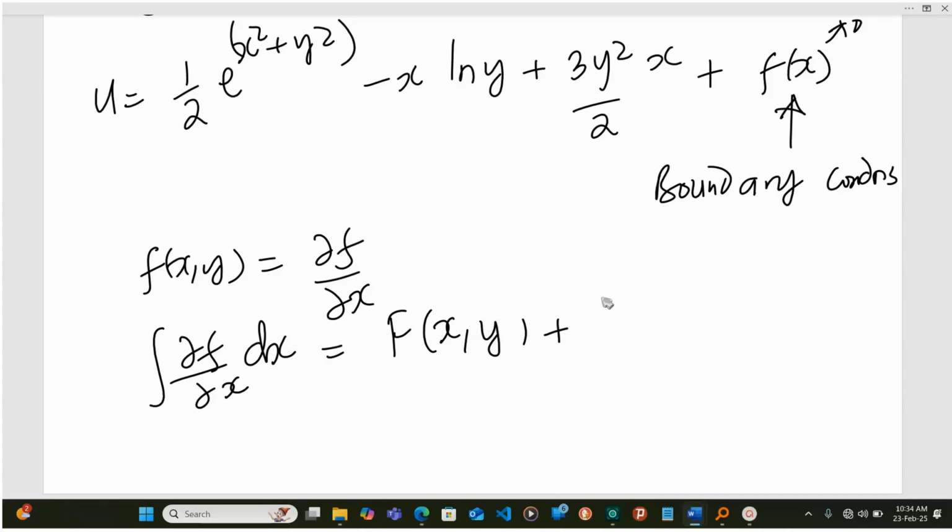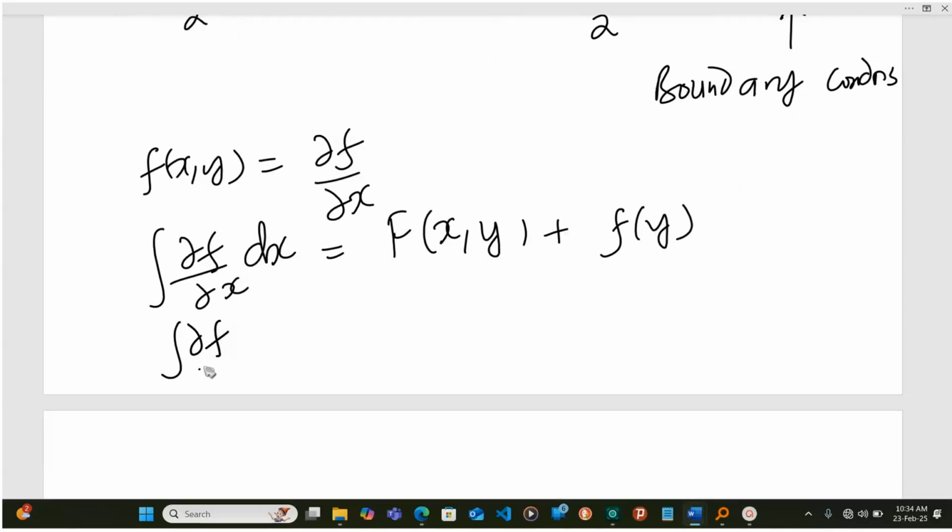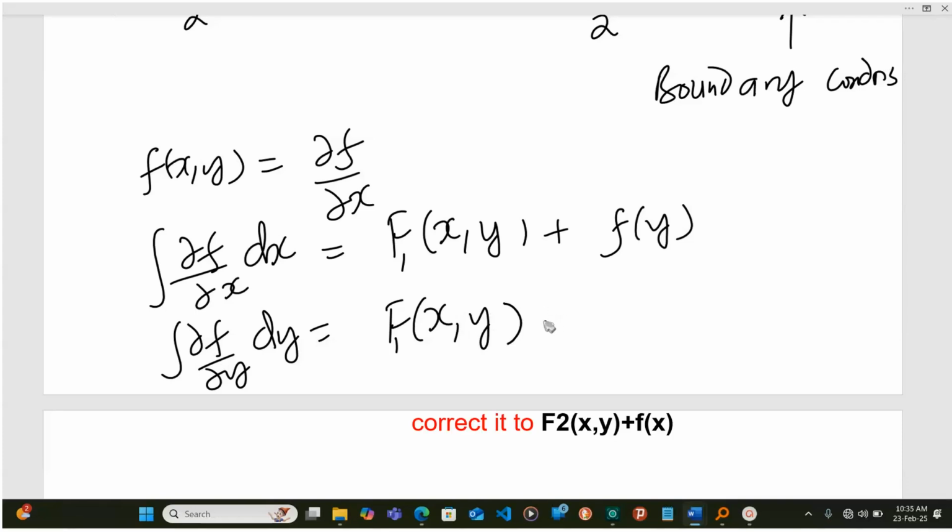Then we shall add a function of y. Yes, if we were integrating ∂f/∂y with respect to y, for example, this becomes xy, plus now a function of what?